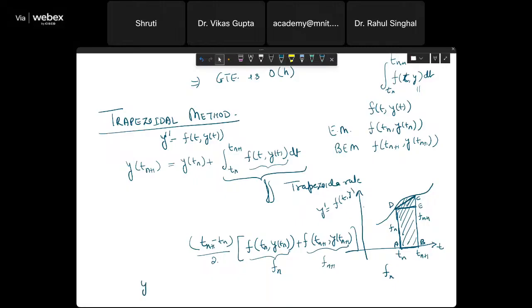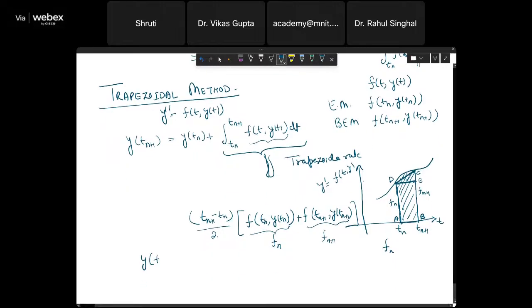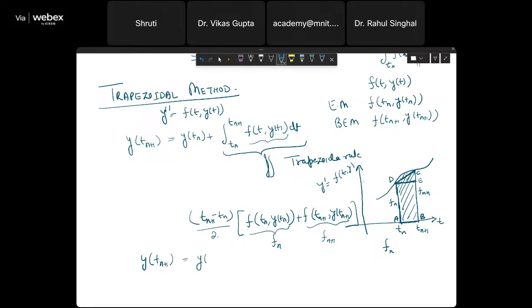So finally, the method we obtain is y at Tn plus 1 equals y at Tn plus h by 2 into fn plus fn plus 1. This is the trapezoidal method.